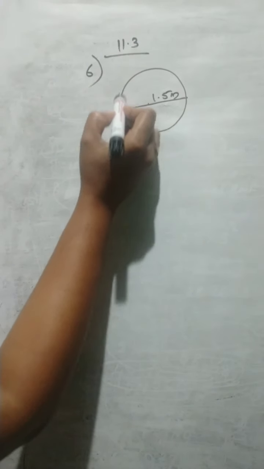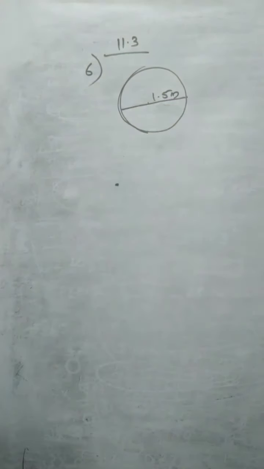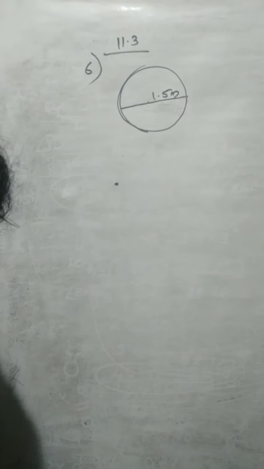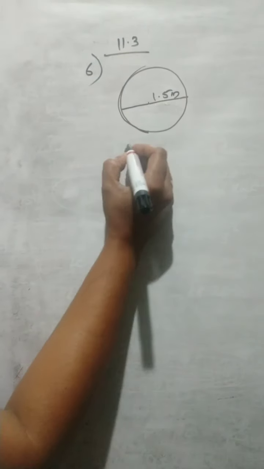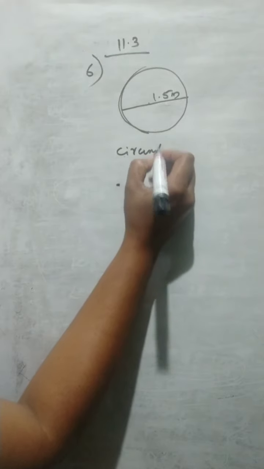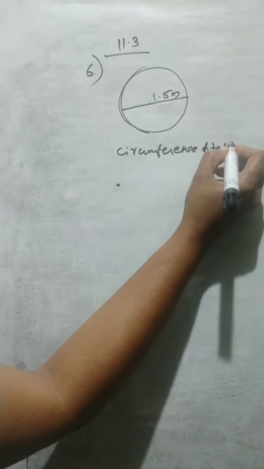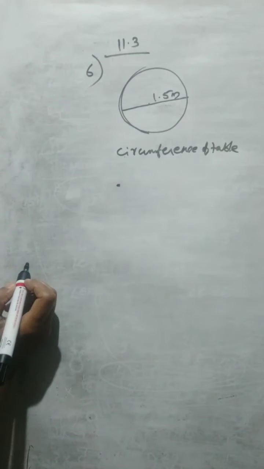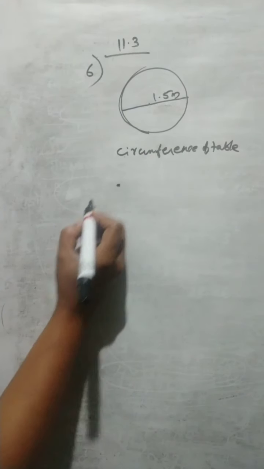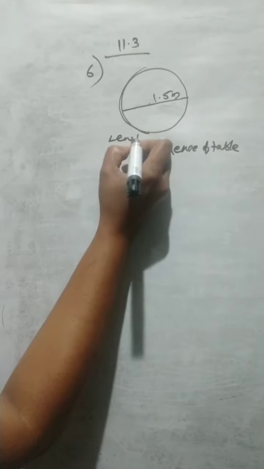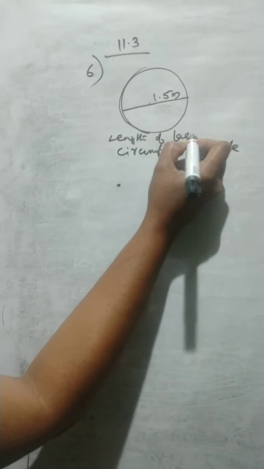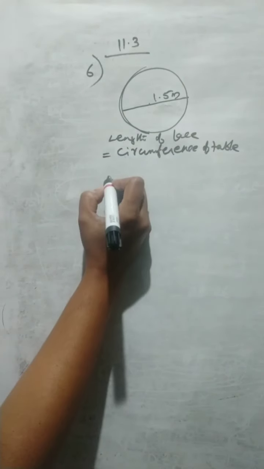Then we have to find the length of lace. What will be the answer? We have to find the circumference of the table. That will be the length of lace. Circumference of table.